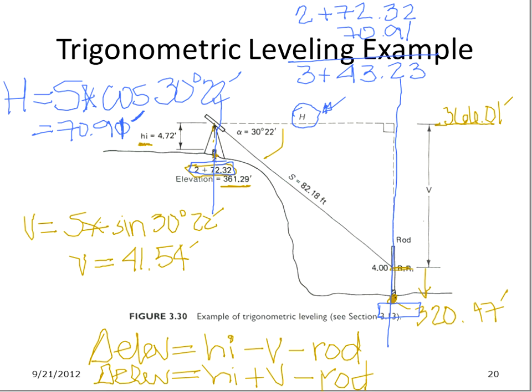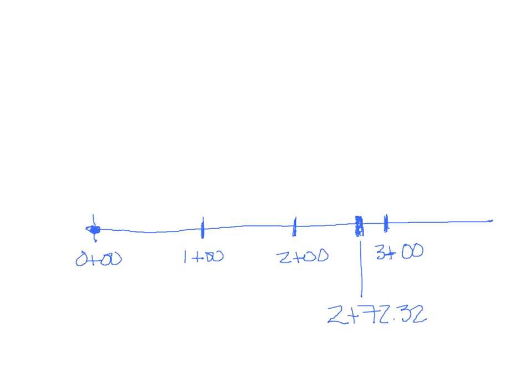You're traveling a horizontal distance here, h, of 70.91 feet from this point here that we know, to get to this point down here at the bottom of the cliff.